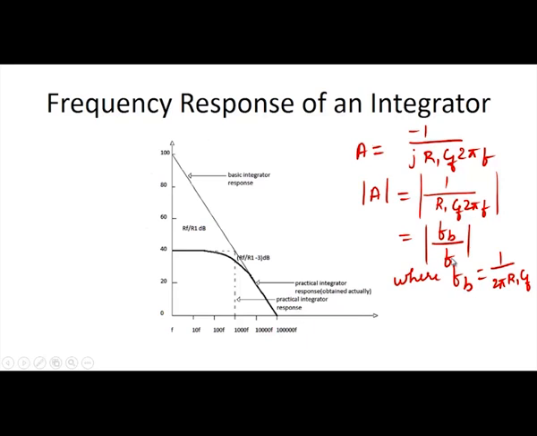If you put 0 in this equation, the gain will be infinity, but practically it is not actually infinity; it goes to the saturated value. This depends upon the polarity of the input signal given to the negative or positive terminal, and the corresponding saturated value will be the output of the integrator.